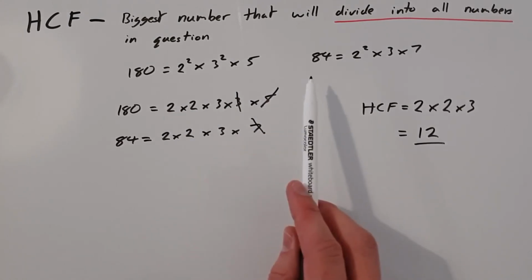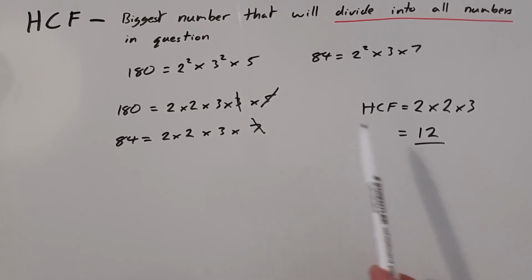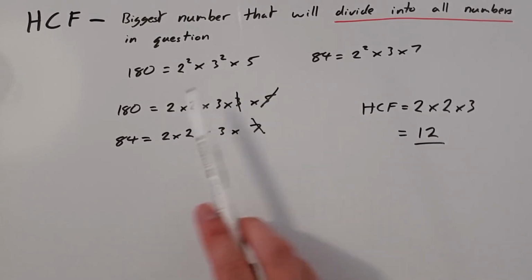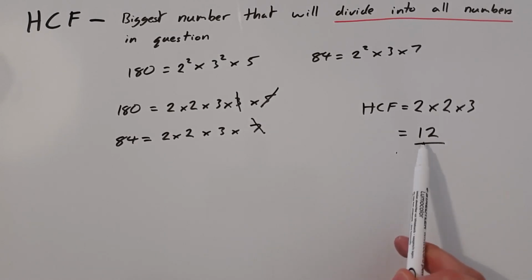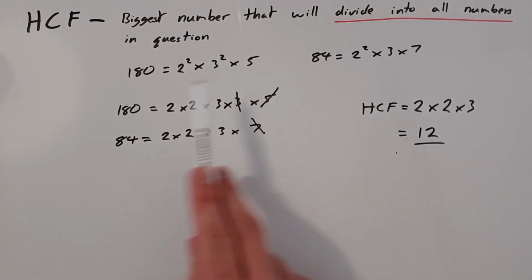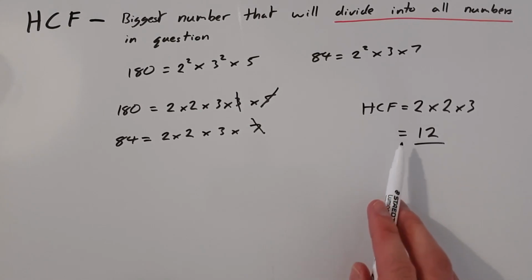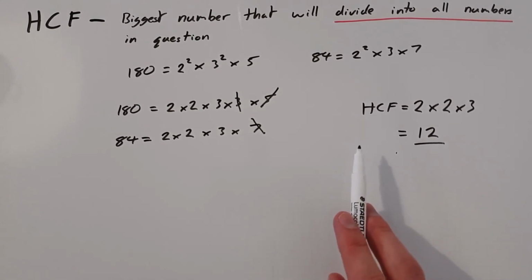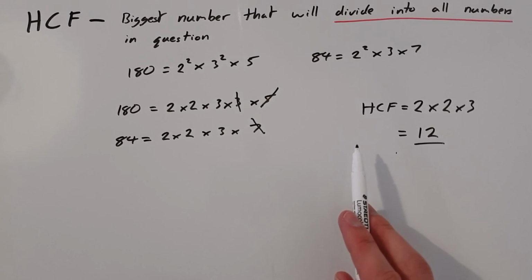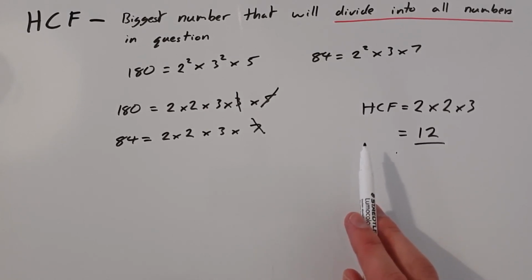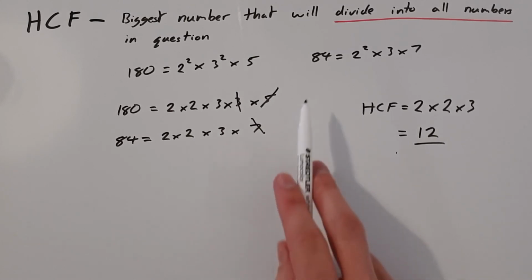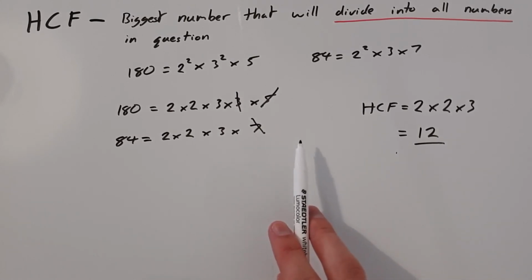So remember for example before, our answer was 90 and that was higher than the two numbers we had in question up here. And in this case, highest common factor is 12 and that is lower than 84 and 180. So that's a really quick way to sanity check your answer and make sure you've got the right method. I hope you find that useful. And that's how you work out the highest common factor from the product of powers.